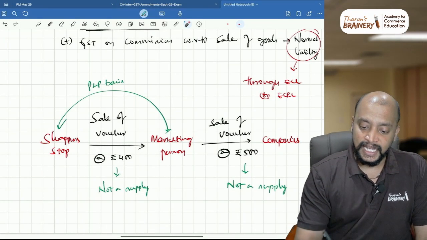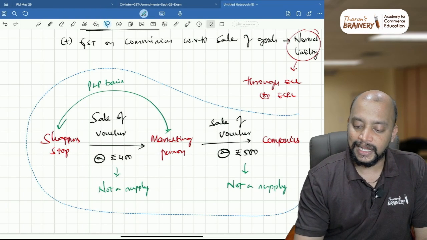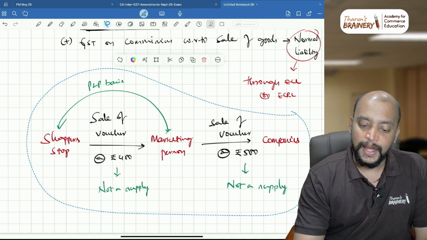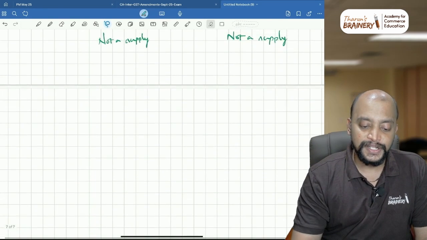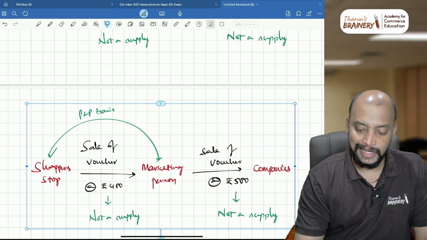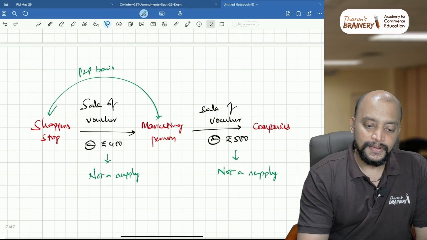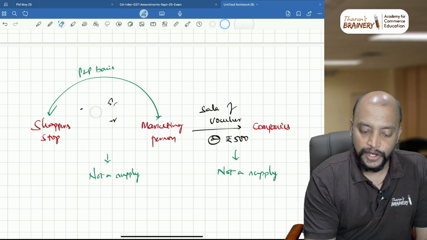Suppose there is a slight change. Instead of doing it like this, there can be a principal to agency model. What is that model? Say this marketing person will not buy the voucher.